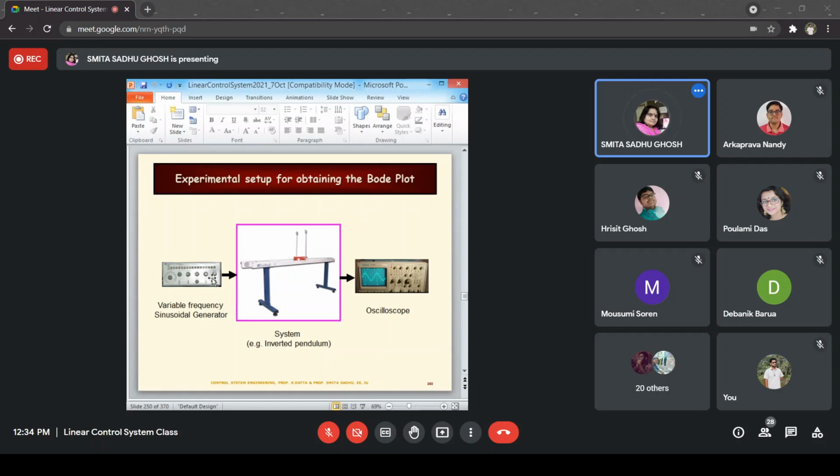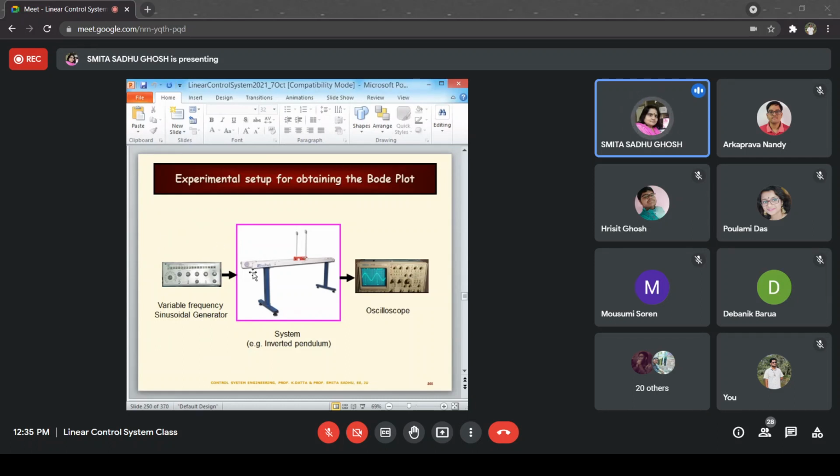So for a particular frequency, say for example, if I now set the frequency of the sine wave signal at 1 radian per second, the sinusoidal generator will be generating a sine wave with an amplitude of A units and a frequency of 1 radian per second.